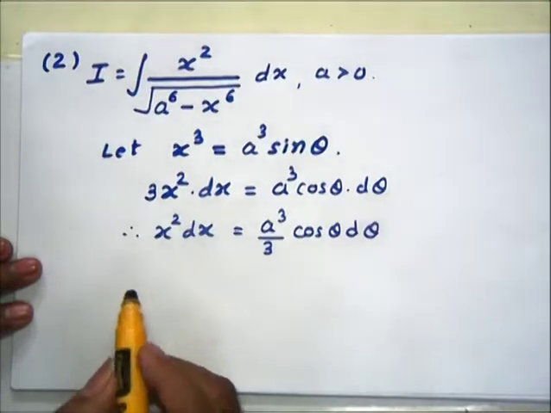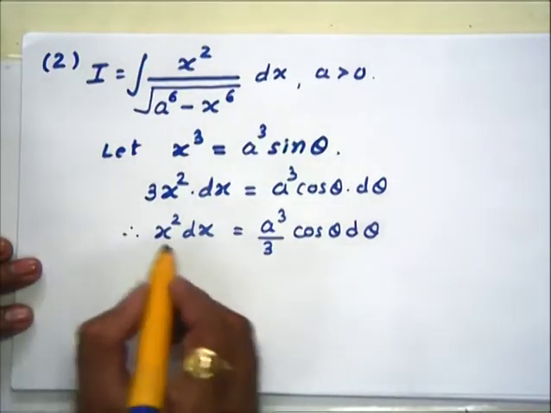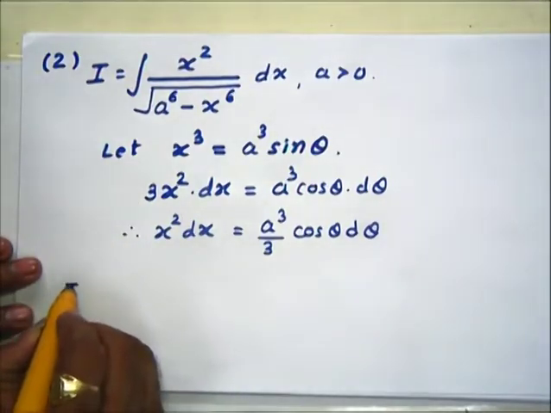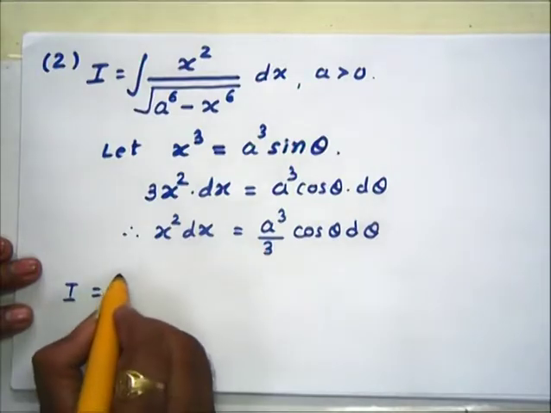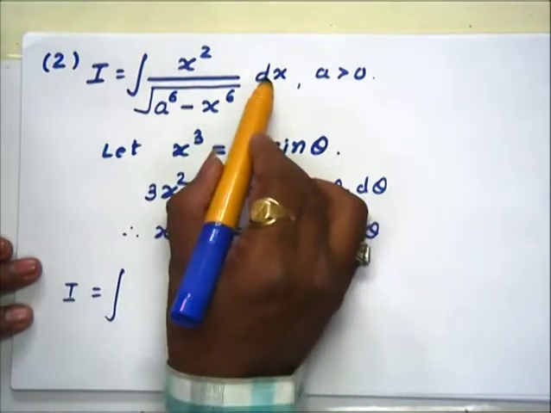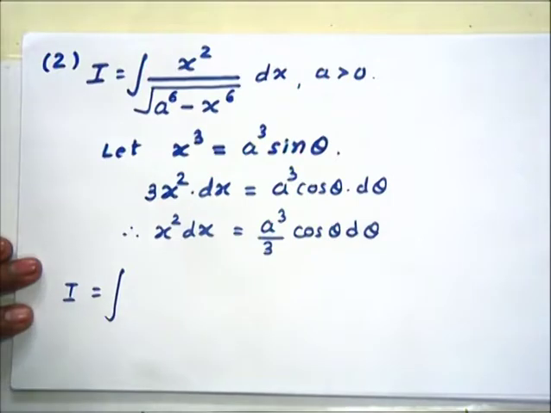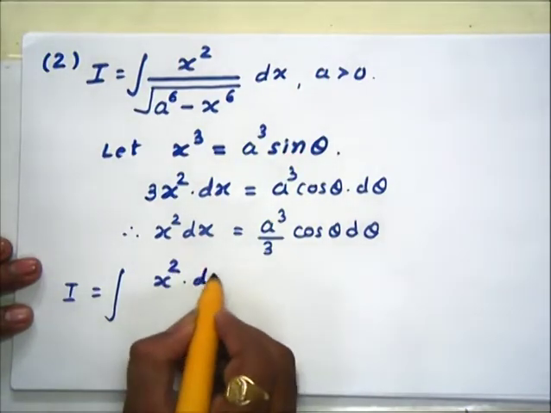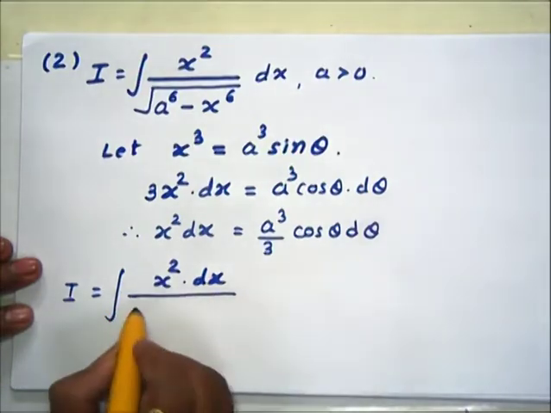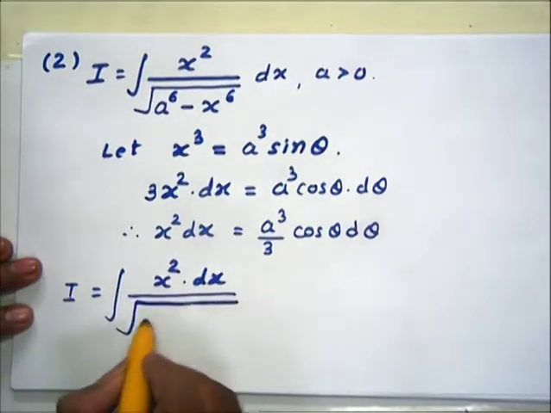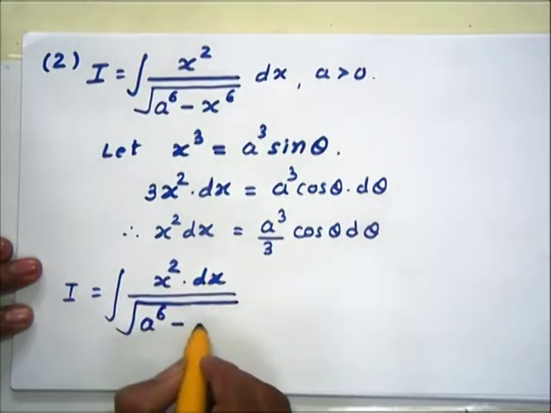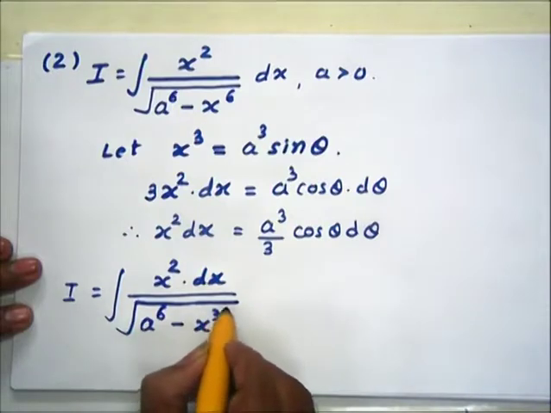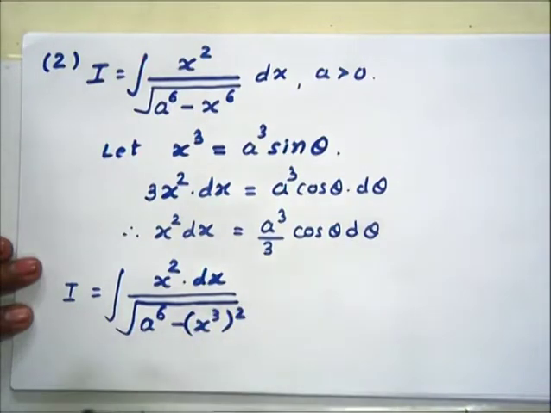Okay, now let's substitute all these things in I. So we have x square dx upon square root a raised to 6 minus x cube square.